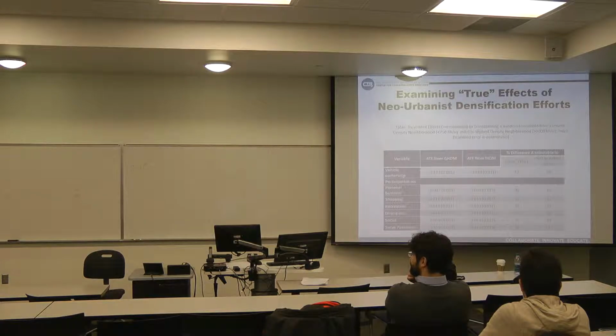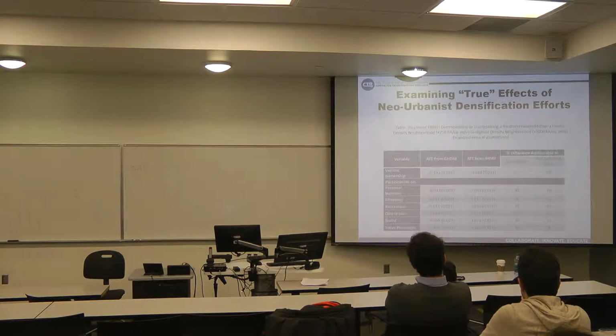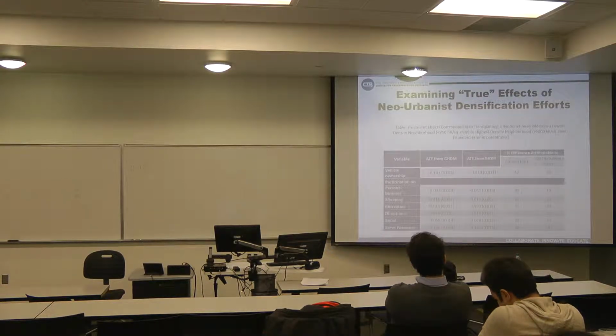Okay. And so what this slide shows is, if I did not consider the jointness, then according to the results, if I transplanted 100 households randomly picked from a lowest density neighborhood to the highest density neighborhood, the number of vehicles would go down by 34.